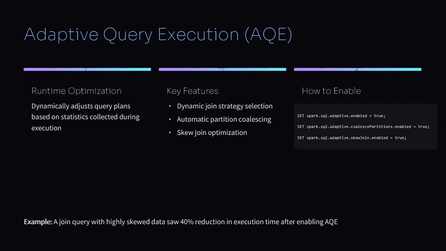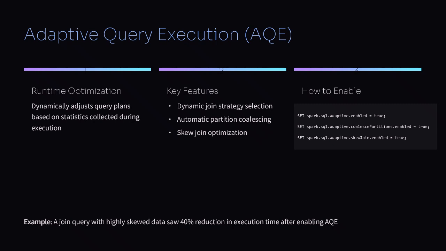Key features of AQE include dynamic join strategy selection, where Spark can switch between broadcast and shuffle joins depending on actual data sizes, automatic coalescing of shuffle partitions to reduce overhead from many small tasks, and skew join optimization that splits large skewed partitions into balanced tasks for more efficient processing.